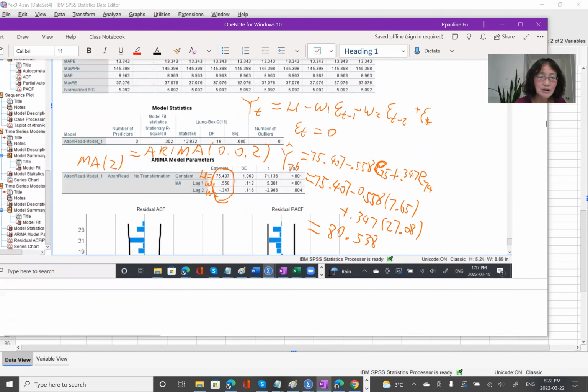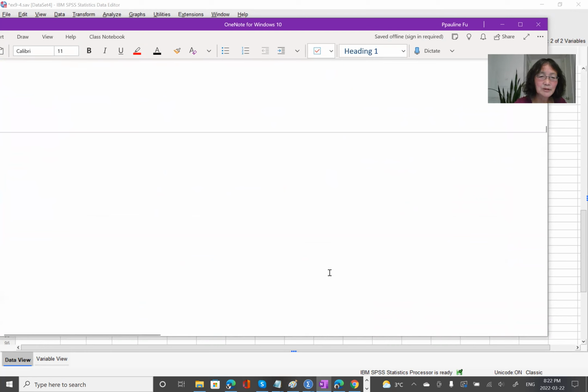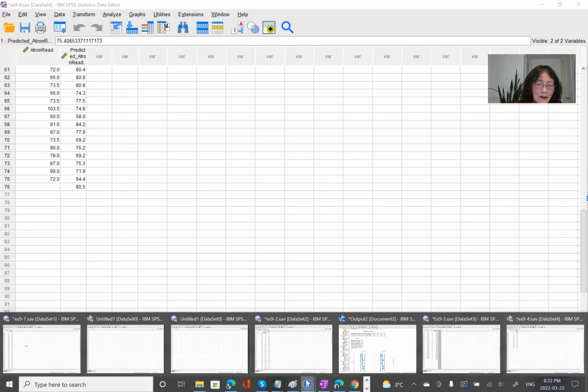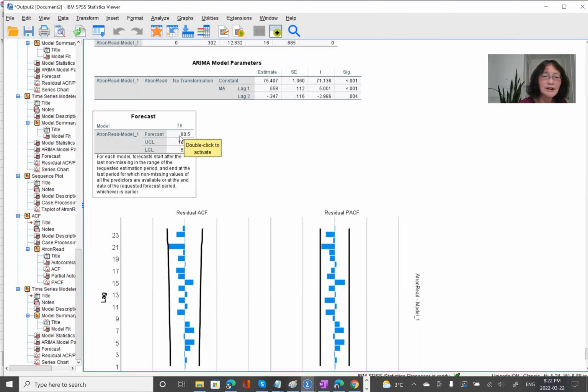What is the forecast from the computer? From the computer, it is here. The computer gave 80.5, so it matches my hand calculation based on the equation. So that is the MA2 model.